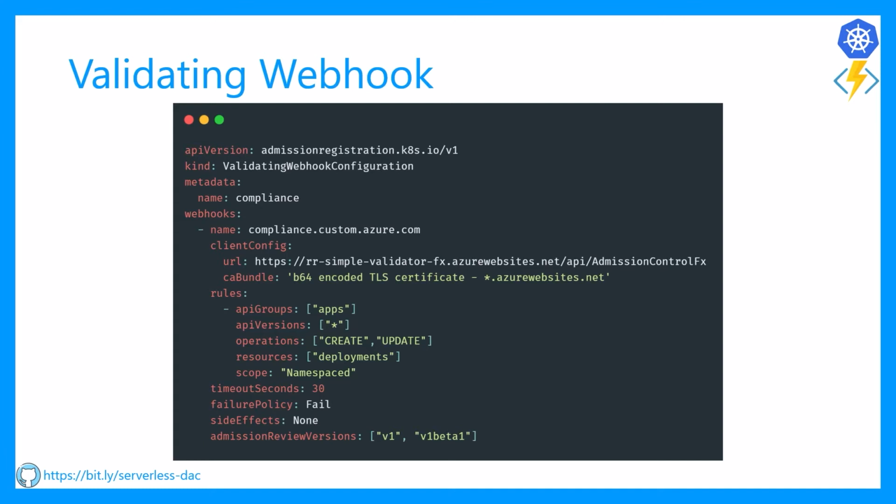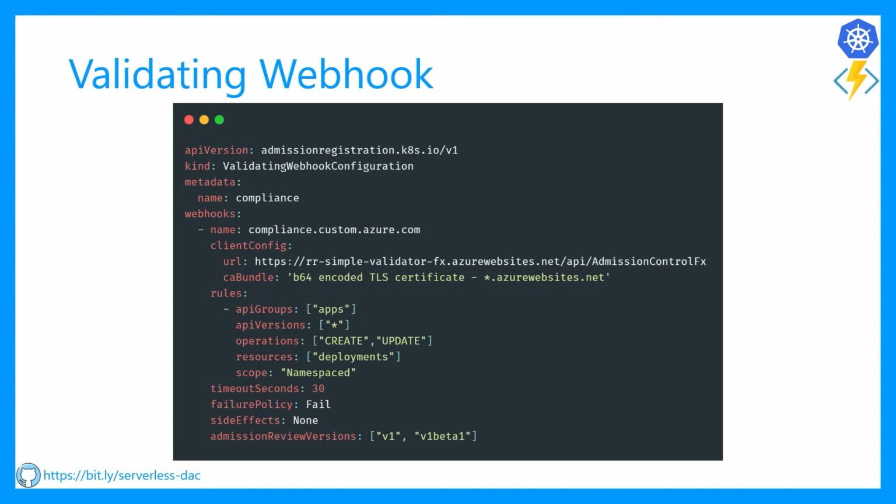The timeout seconds property in the specification specifies the timeout period in seconds for which the API server will wait for a response from our function. The failure policy property instructs the admission controller to fail the request if the function times out or returns an error. The side effects property set to none means that calling this webhook won't change any resources in the cluster.